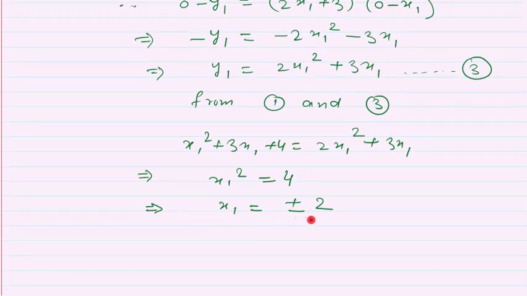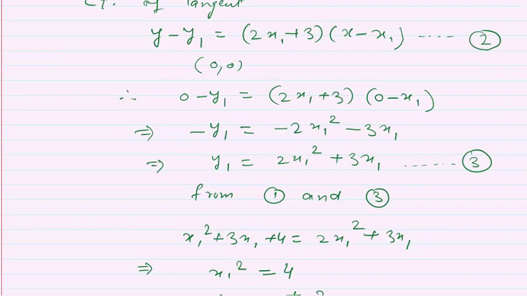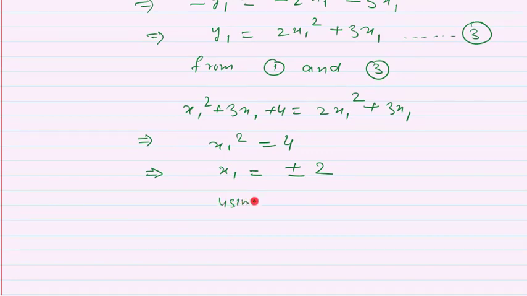Now, as the value of x1 is there with you, so easily you can calculate the value of y1 by putting the values of x1 in relation 1. So, using 1, we have y1 is equal to x1 square plus 3x1 plus 4. First of all, let me write at x1 is equal to 2, because we need to calculate at x1 is equal to 2 and x1 is equal to minus 2. First of all, we are using x1 is equal to 2. So, it is clearly x1 square means 4 plus 3x1 means 6 and plus 4.